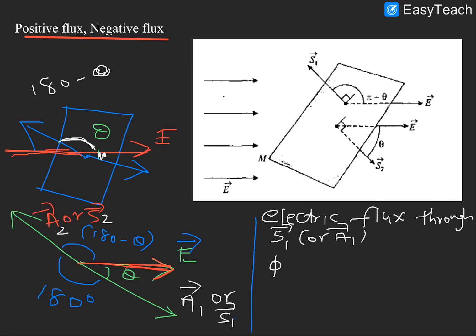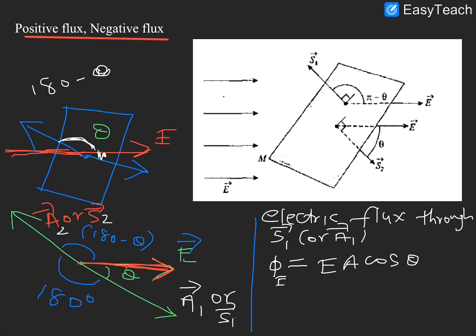Phi is equal to, since it is electric flux, we will use phi E, meaning electric flux, because in another chapter we will discuss magnetic flux. So phi E is equal to, what is the equation? E A cos theta. Here the angle is theta, so E A cos theta, isn't it?